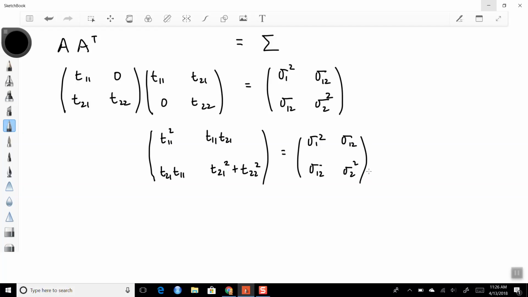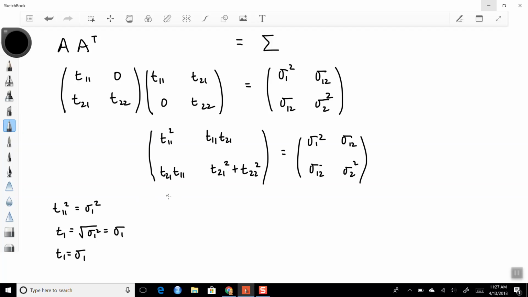Okay? All right. So basically, we just set all these things equal to each other. So I got term 1,1 squared is equal to sigma 1 squared. And that gives me that term 1,1 is equal to root sigma 1 squared, which is sigma 1. So term 1,1 equals sigma 1. Okay?